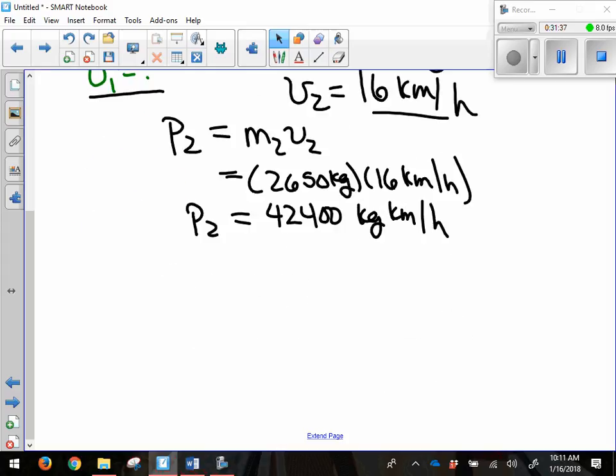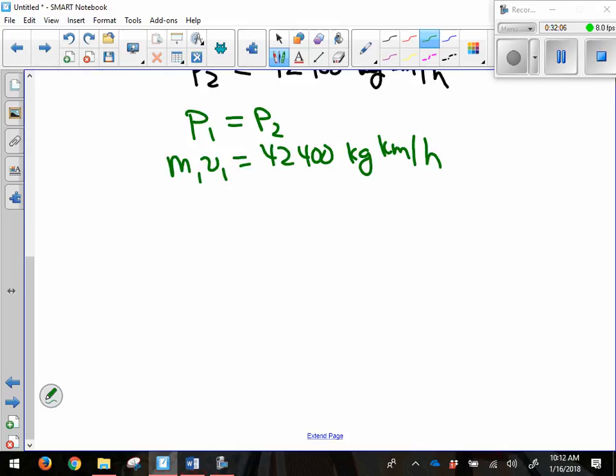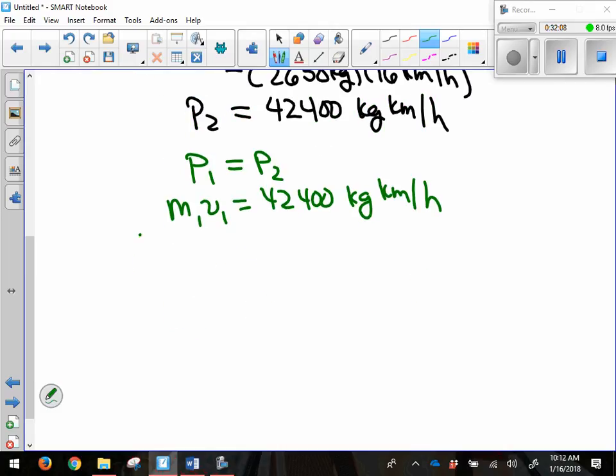Okay. So I want P1 to be equal to P2. And P1 is going to be M1V1. And P2 I know is 42,400. The mass of my bug is 816 kilograms.